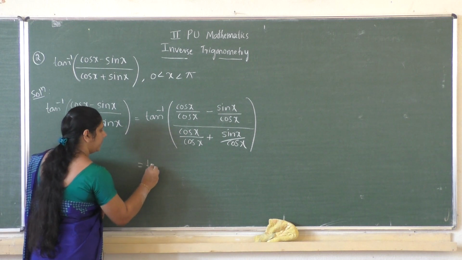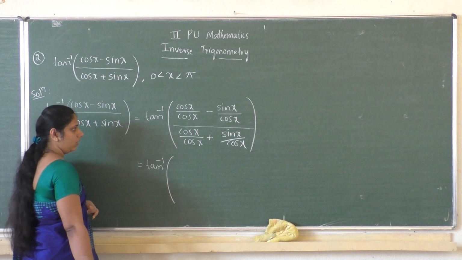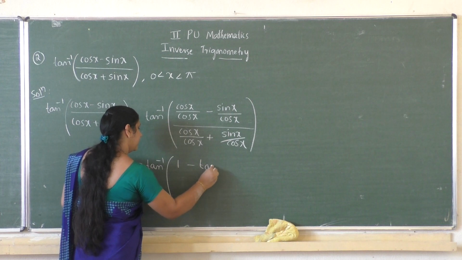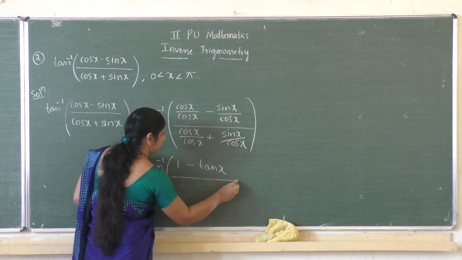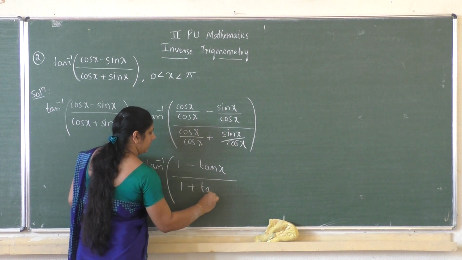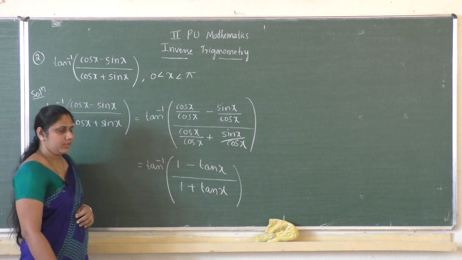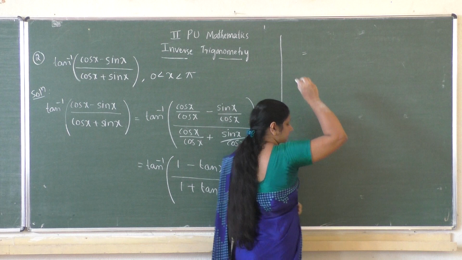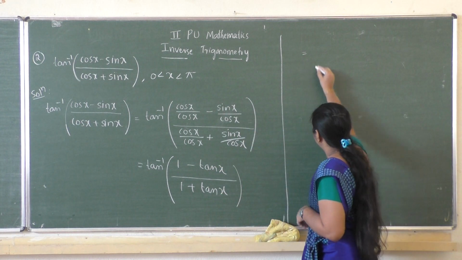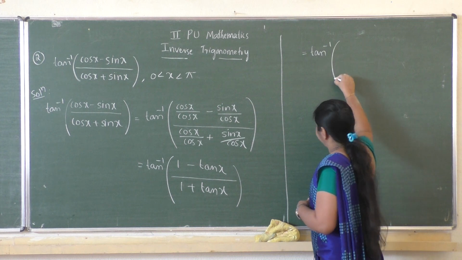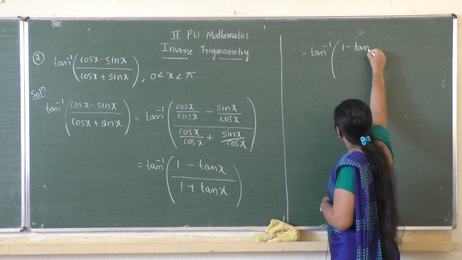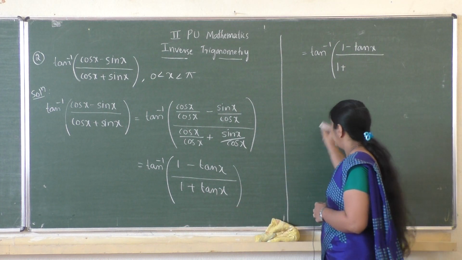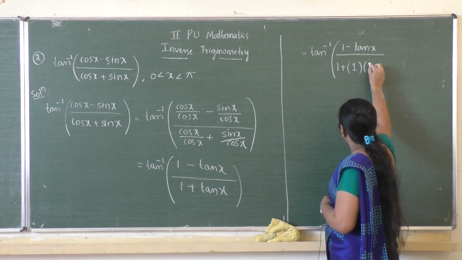Which is equal to tan inverse of, cos x by cos x is 1, minus sin x by cos x is tan x, divided by 1 plus tan x. Now the term can be written as, numerator as it is, tan inverse of 1 minus tan x divided by 1 plus 1 into tan x.